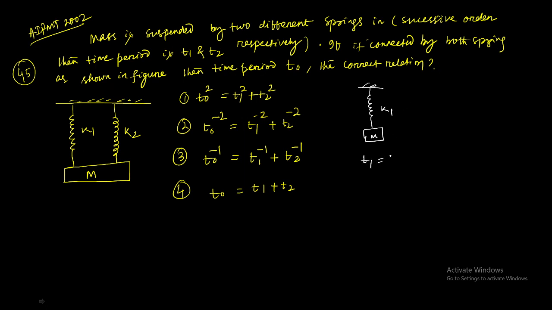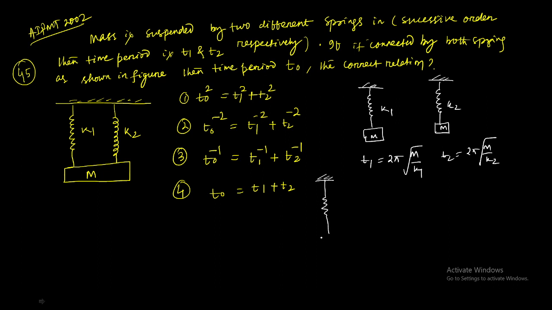So T1 equal to what? 2 pi root over m by K1, and separately it is also hanging here with K2. The time period T2 equal to 2 pi root over m by K2. Now both are in parallel. If both are in parallel, what will be the time period?